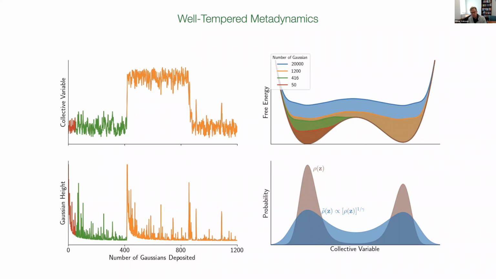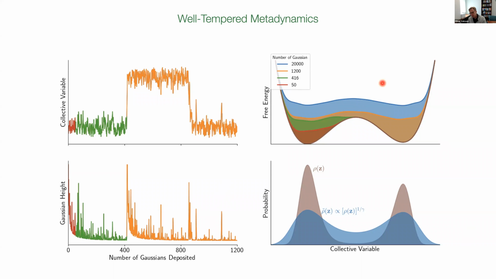And you can see that, for example, this red area is the amount of bias deposited after 50 Gaussians, then the green is 400 Gaussians, and then when we go over to the other state and sample that, we have this yellow and orange range, which is like 1200 Gaussians, and then we converge to something like here, where we have a much reduced bias.